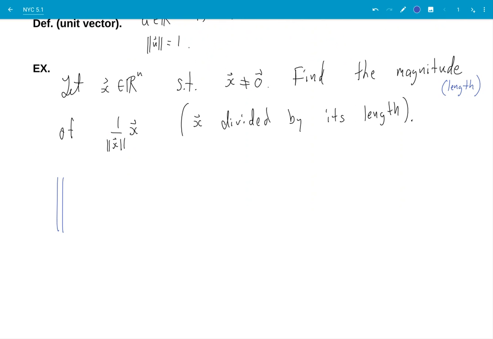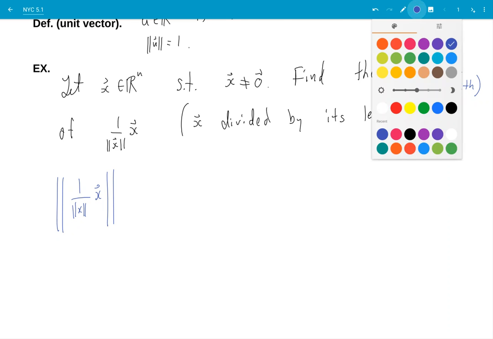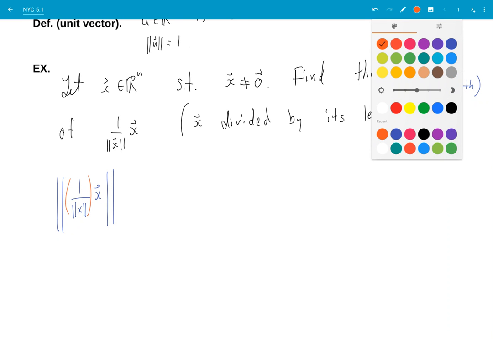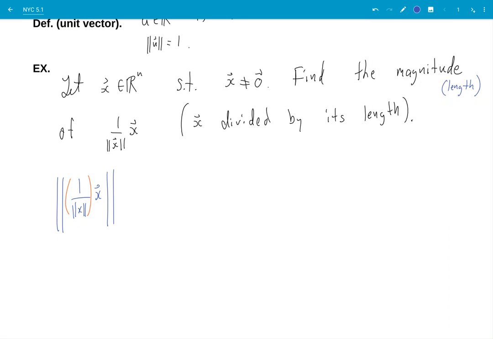To find the magnitude of this thing, I will just directly calculate. The idea here is that in my red bracket here, that's a k, that's a number that can move out front.